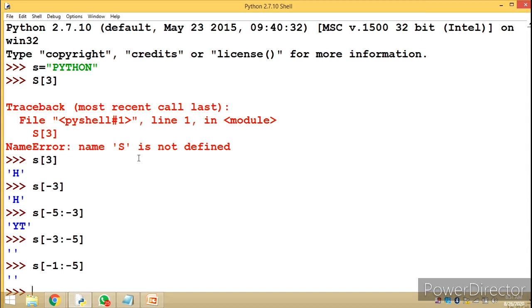Yes, it can show you an error. If I give a print statement, the same thing I can write as print S index minus 1 colon minus 5, then close the bracket.